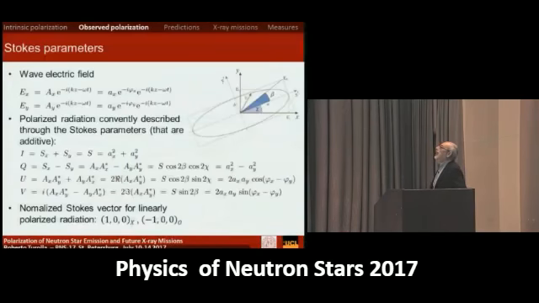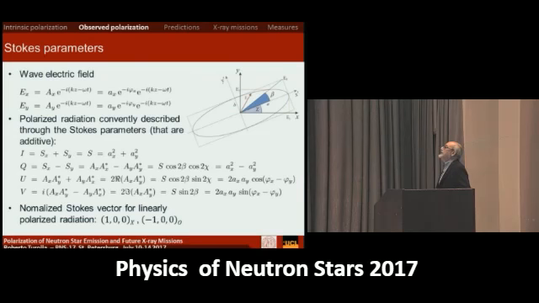What is the observed polarization signal we can expect once we know how to describe the intrinsic polarization? Let me just remind, this is a rather obvious point, that polarized radiation is most conveniently described using the Stokes parameters.